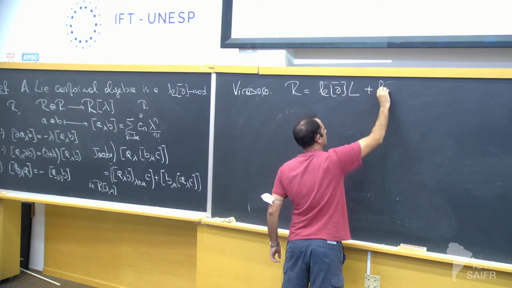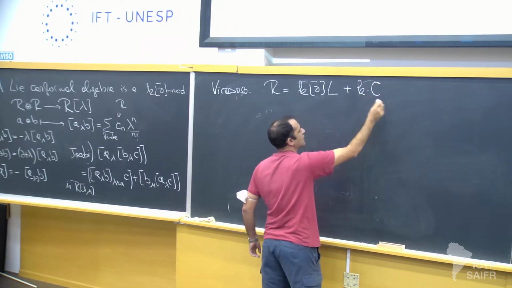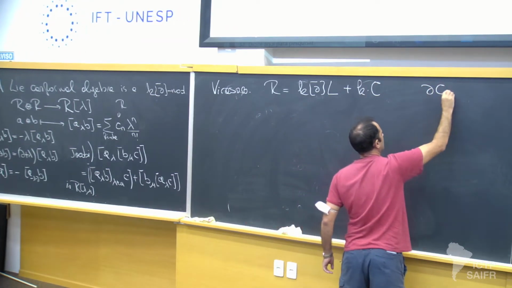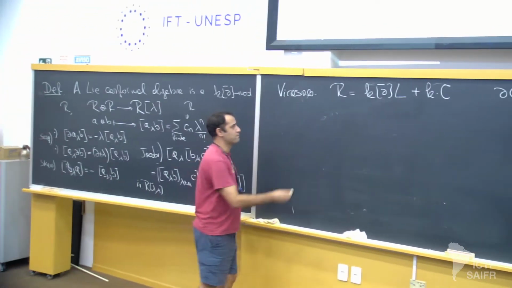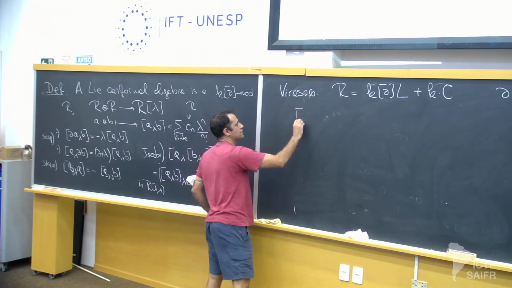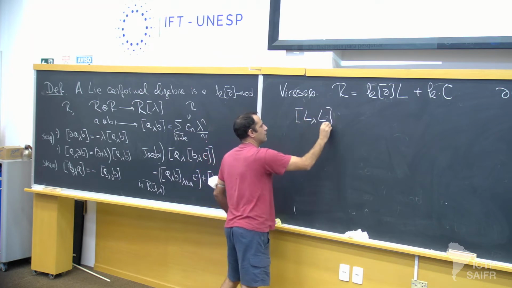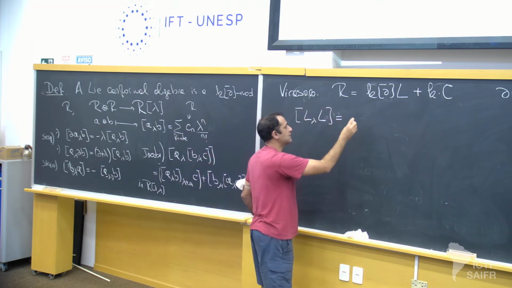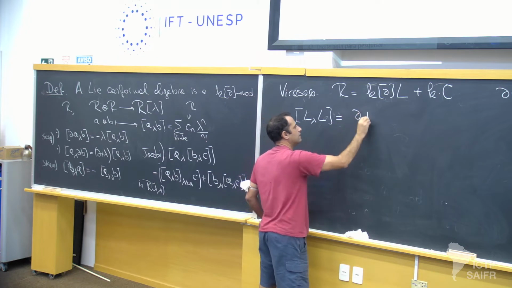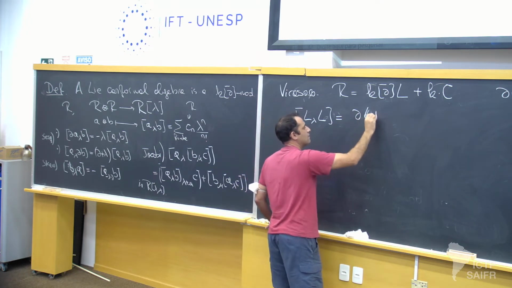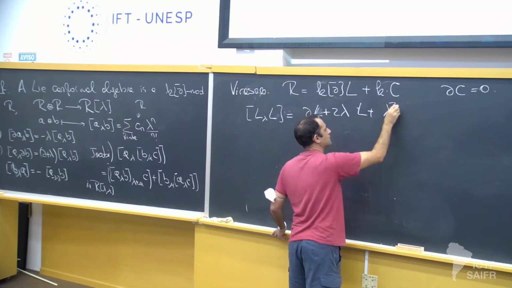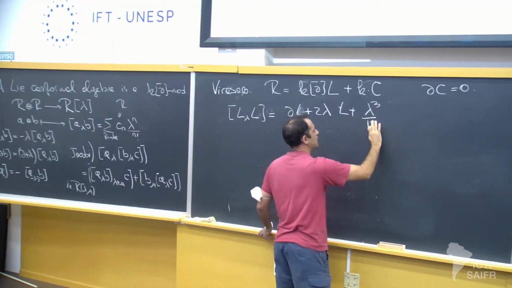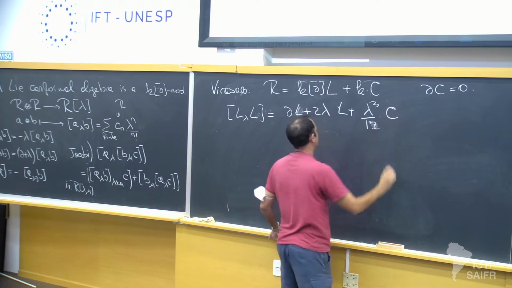And then there's a central element that gets killed by del. So I need to tell you what are the brackets between the generators, and the bracket of L with itself is del L plus 2 lambda L plus lambda cubed over 12 times C.